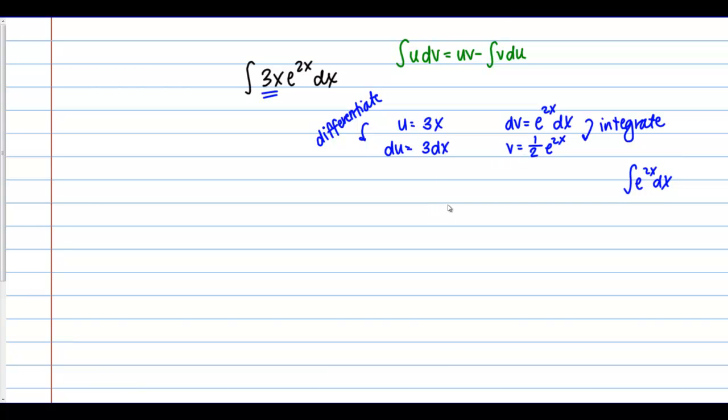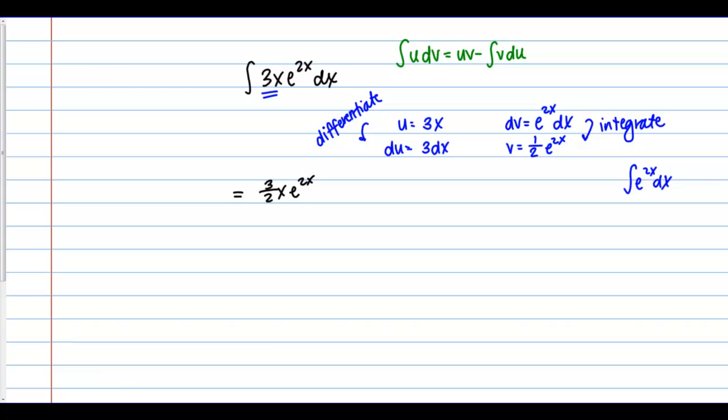Okay, so once I have my pieces, I'm going to rewrite my integral using the integration by parts formula. So the first part here is uv. So u times v here. I'm just going to multiply those pieces, which is going to give me 3/2 x e to the 2x.